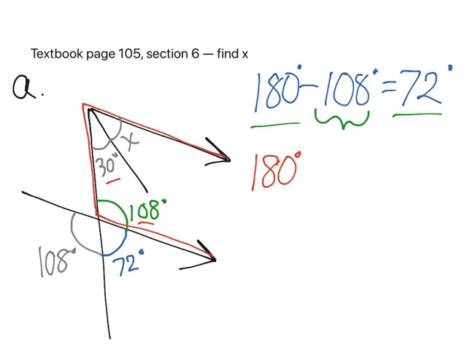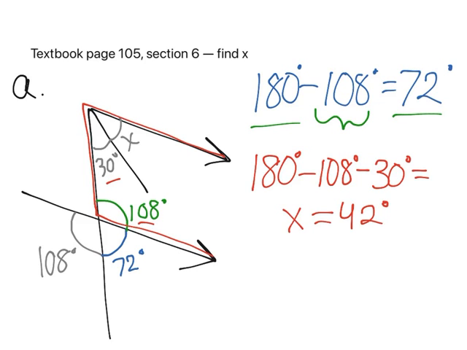The only piece we're missing is x. So if we take 180 degrees and subtract 108 and 30, what do we get? We get 42 degrees. That means x equals 42 degrees.